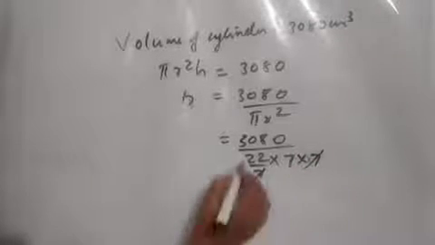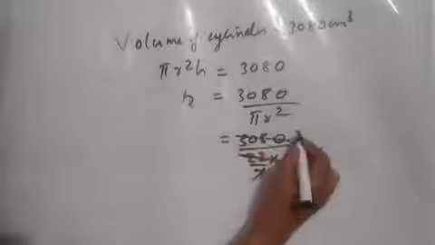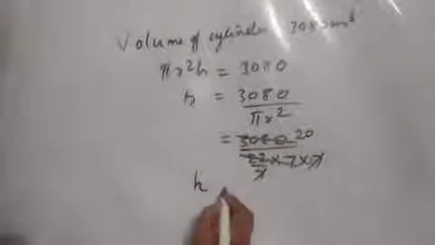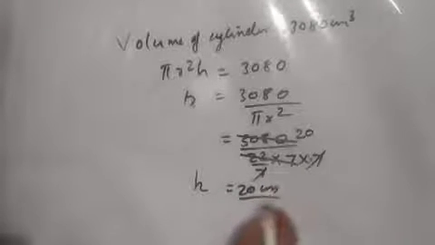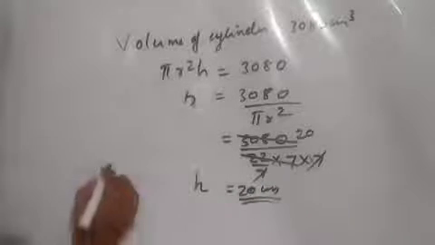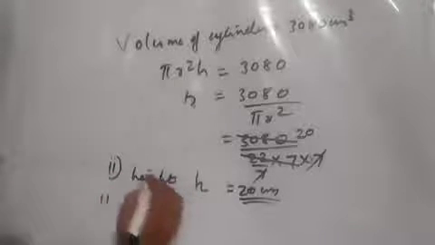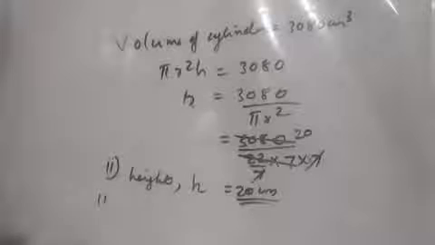Cancel out 1 7. So divide 3080 and 22 into 7. We get 20 centimeter. Therefore, the second answer is height of the vessel 20 centimeter. Height of the vessel is 20 centimeter.